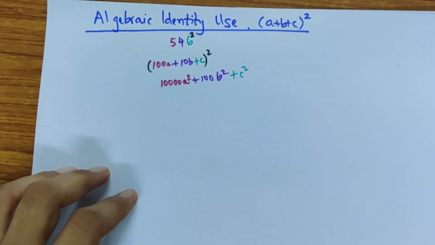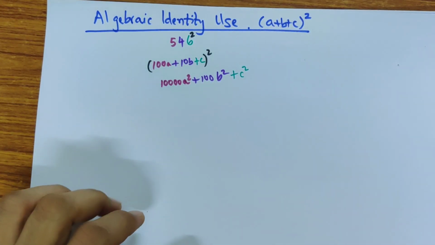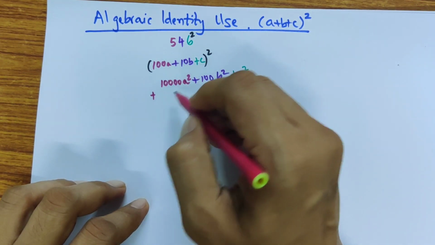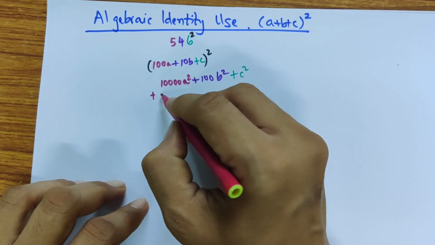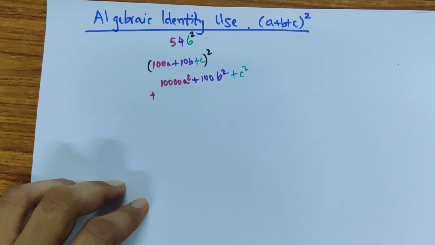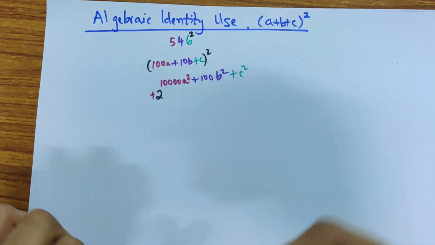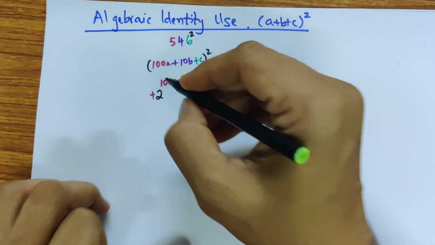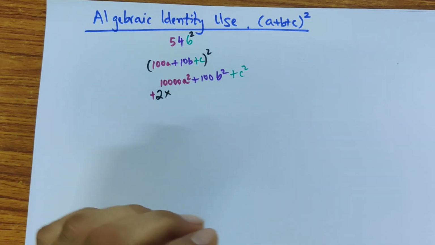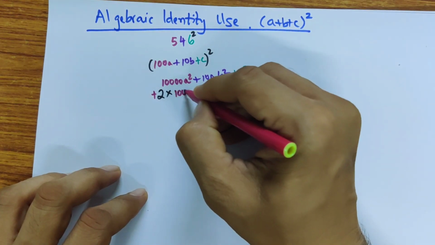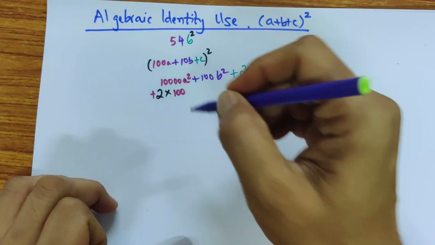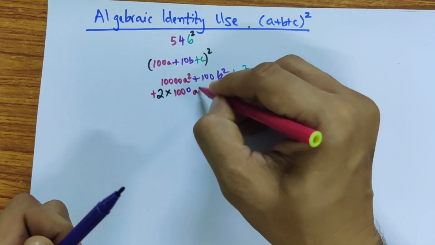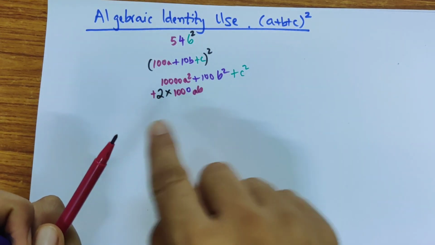So the next terms will be plus 2 times 100 times AB. Now if I do AB, I get a 0 from here, and then I get my AB, so when I multiply AB, it's left shifted by 3 digits.